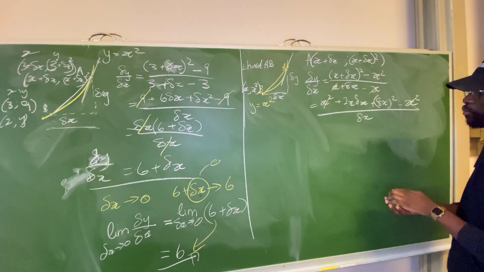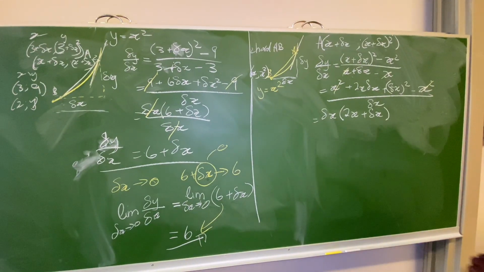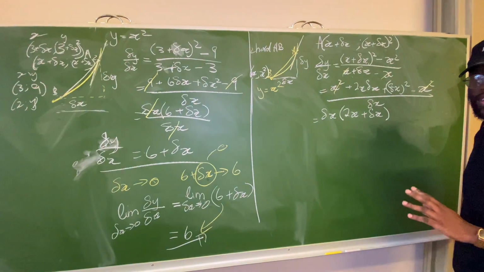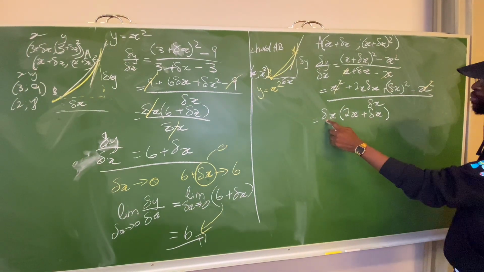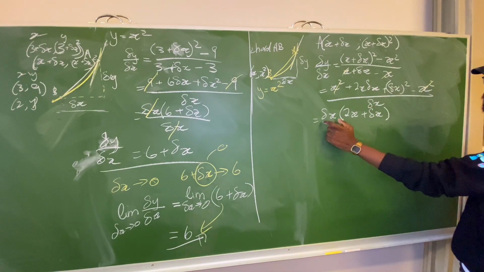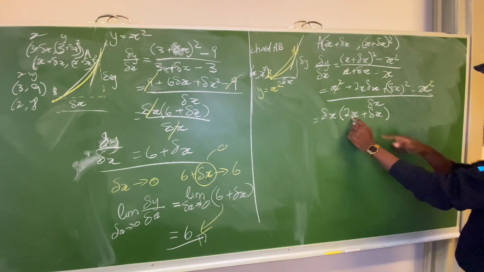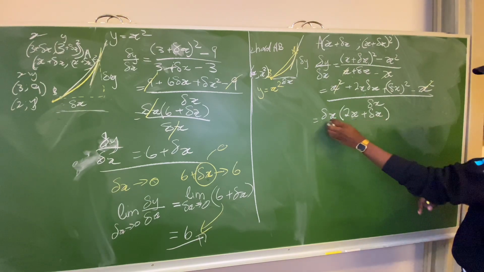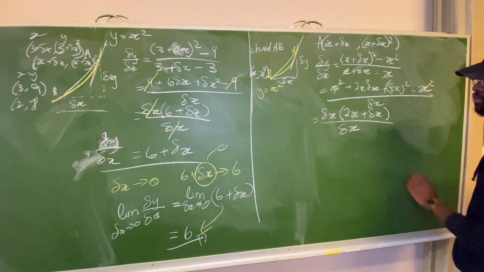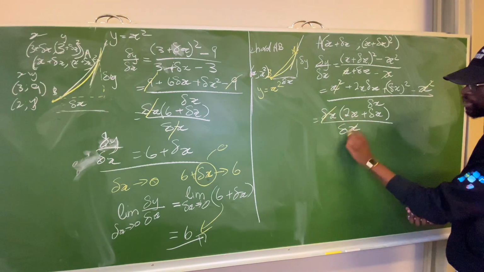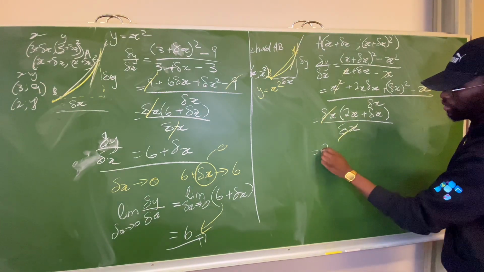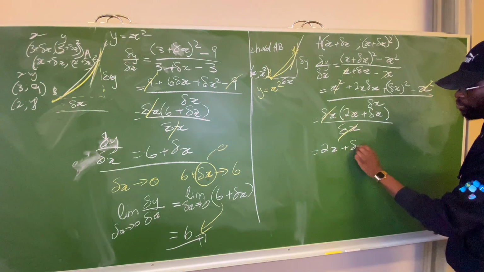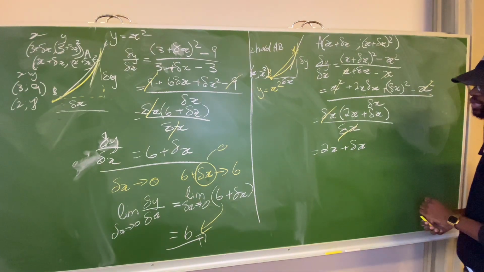and then take out the common factor. Sorry, little camera issues, but now if we take out the common factor here, that is delta x, we are left with 2x plus delta x, and our denominator we still have delta x, and then divide, we are left with 2x plus delta x.